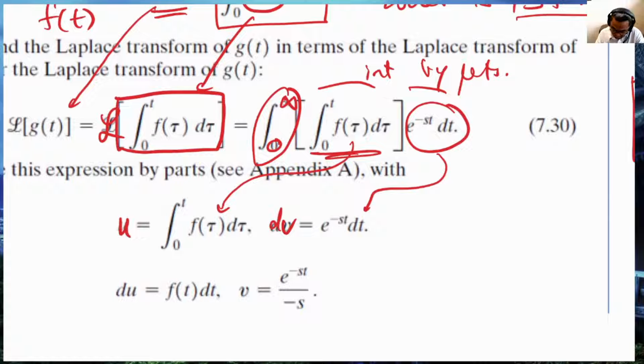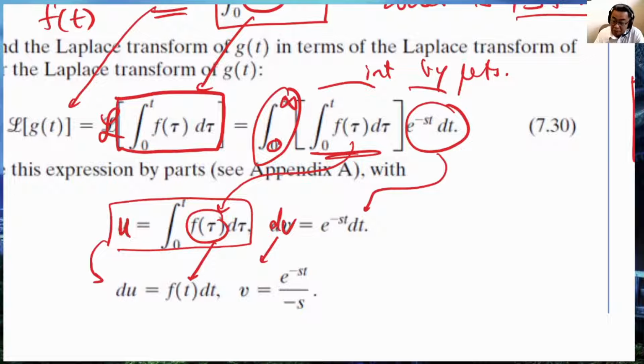Once we have u, then du is simple, right? So by the fundamental theorem of calculus, if you have u, du is simply this guy, because this is the antiderivative anyway. Now, what we then do is to get v from dv, we have to do the integration.